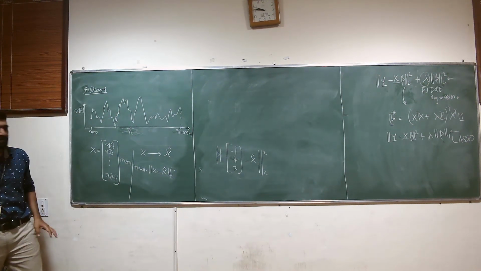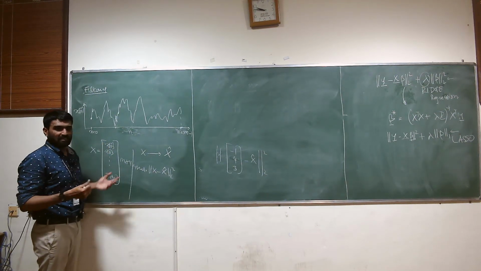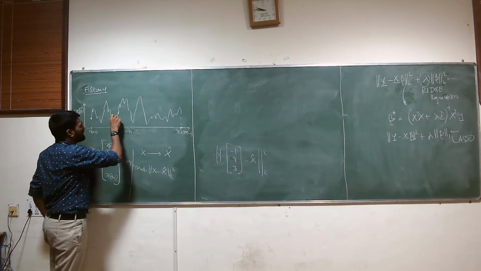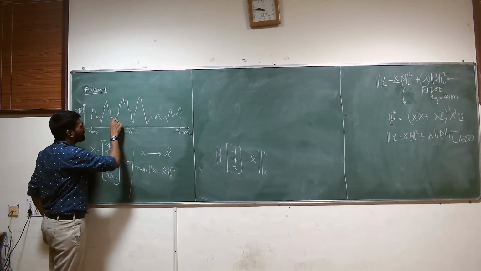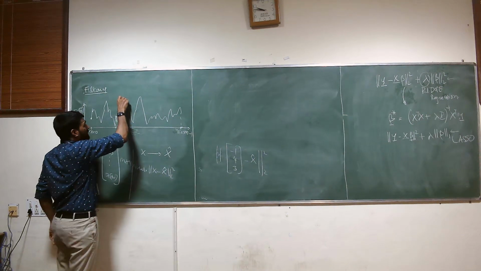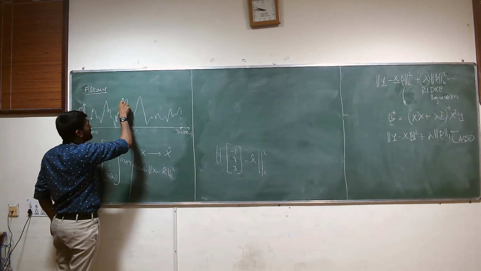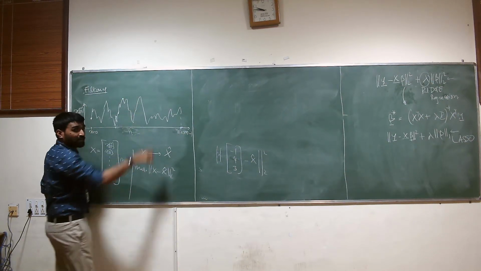That's not of interest to me, right? So when I say it's a slow varying signal, I'm saying this value is not very different from its neighboring values. If I go here, I'm saying the same thing. This value is not very different from these two, and so on and so forth.